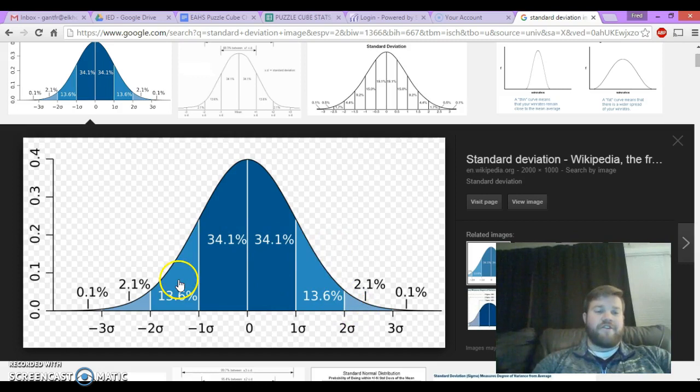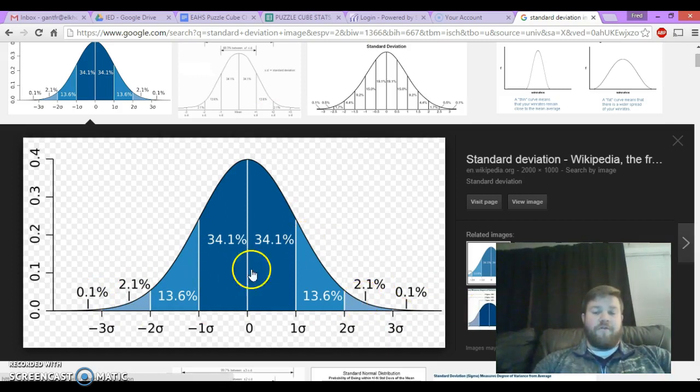The next standard deviation, you get 13.6, another 13.6 this way. Two standard deviations is that amount. So we're talking about 68 plus another 28, over 84% of the population here going into the 90s percentile. This is obviously a bell curve.